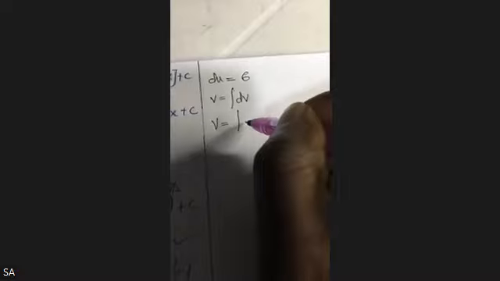Then v means you have to integrate dv. So integrate dv. Remember, dv is e raised to power x plus 7 dx.